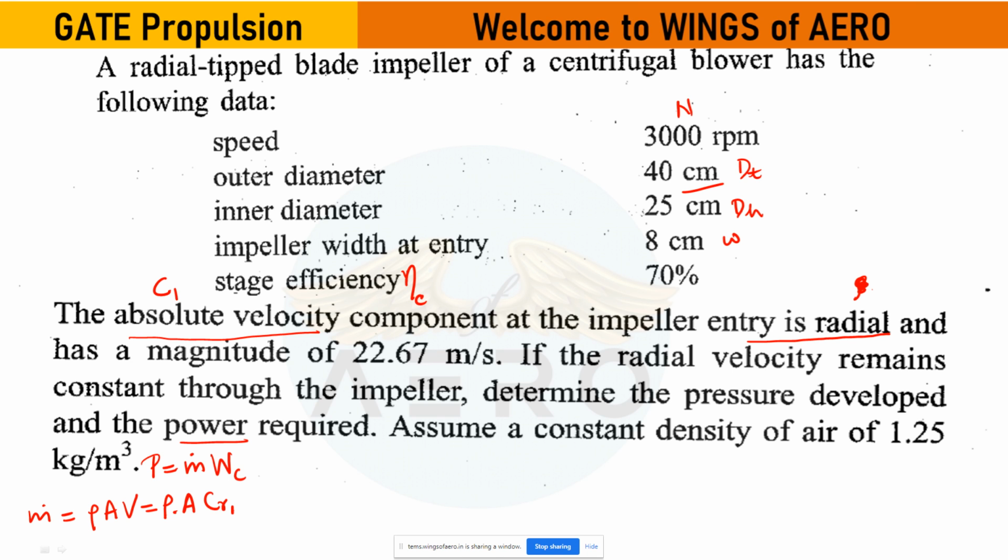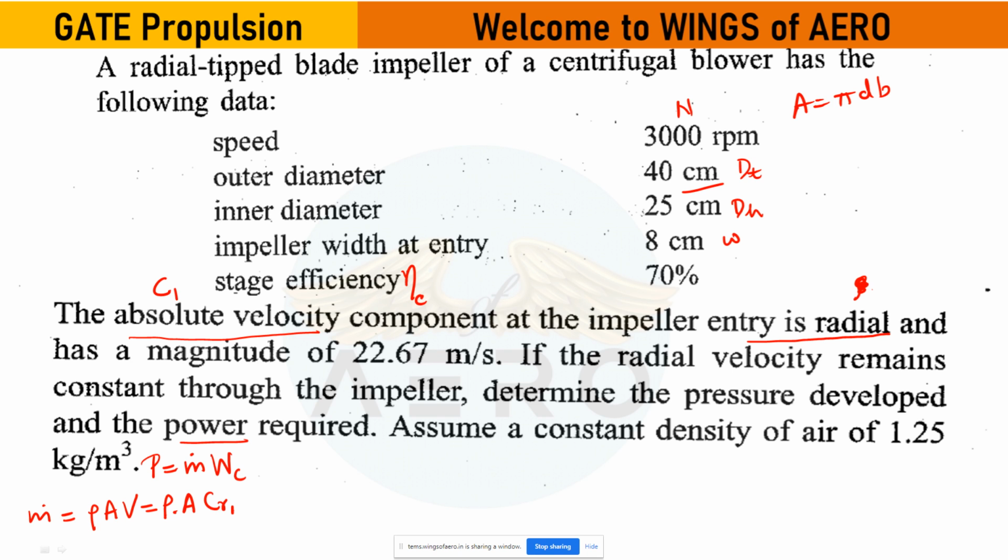Now rho and V are given, A is known, that is A equals pi D b. Diameter is given, width is given at the entry, so you can find this one. CR1 is also given, otherwise you can find CR1.